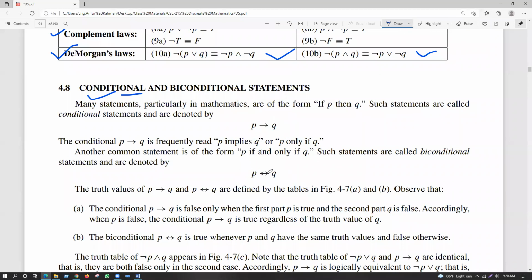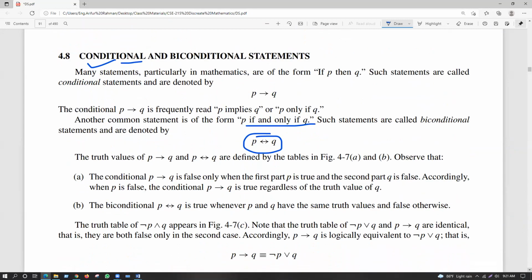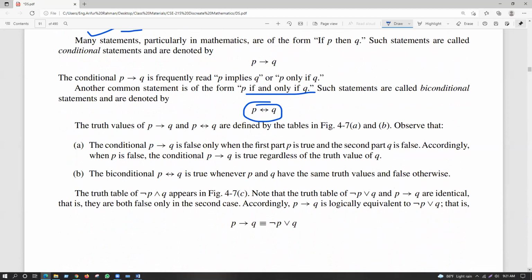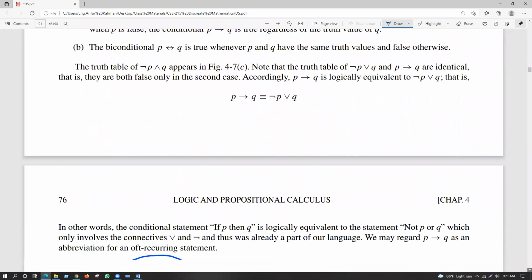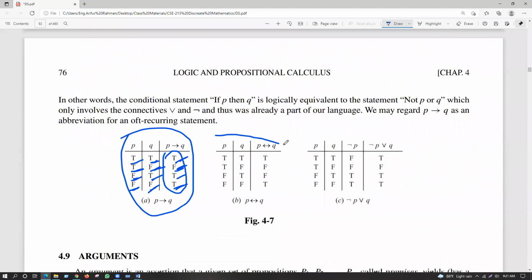Never mind. P if and only if Q, and this is the notation. That's the biconditional statement. That is, this time you said if you go then I will go, and if you don't go then I won't go. That's the difference. Nothing else. So let's look at the truth table.